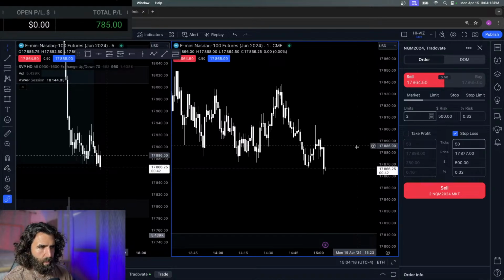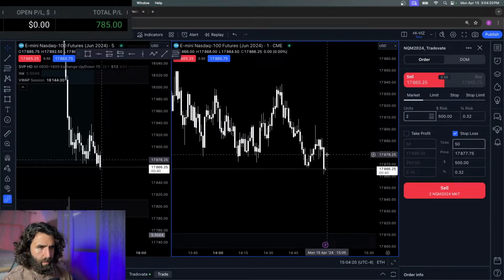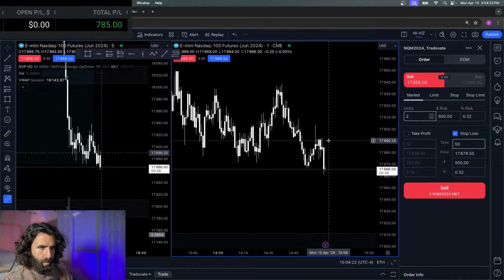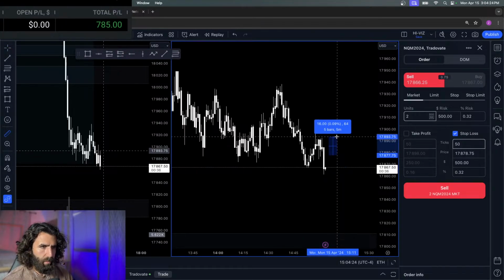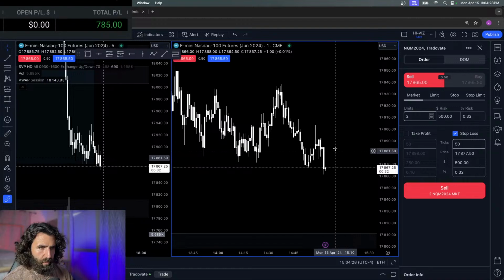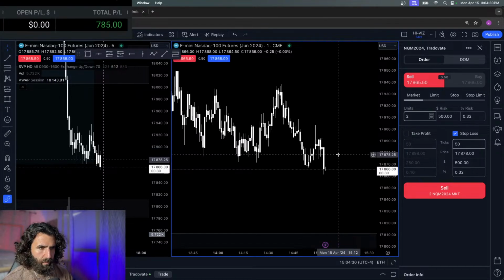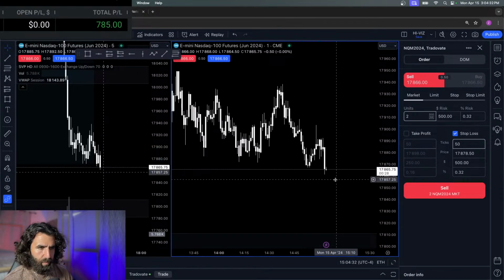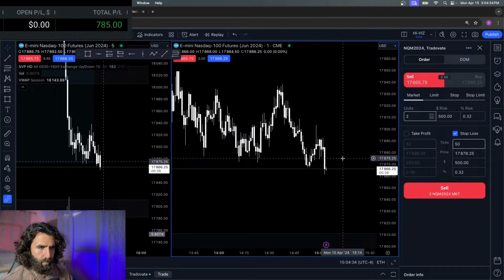If we get a quick wick up, I'm going to take a sell on it. No wick to the upside on this 1 minute candle. Would like to get a quick push up and then a stop loss above here before it dumps, but it might just go from here.